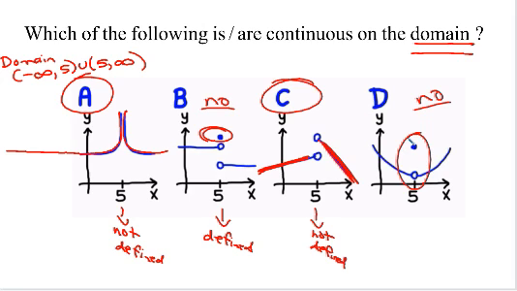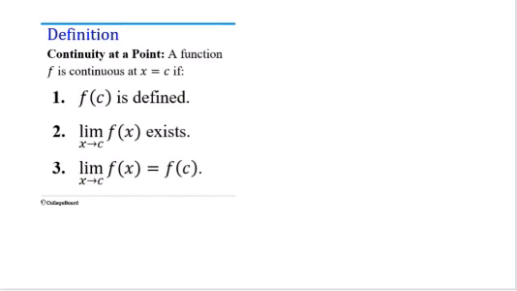And this leads us to what is called the classic three-point definition. Some people call it the three-point definition for continuity.